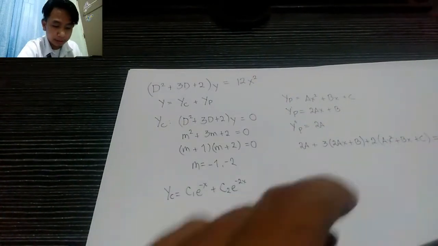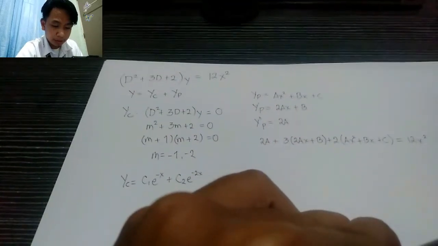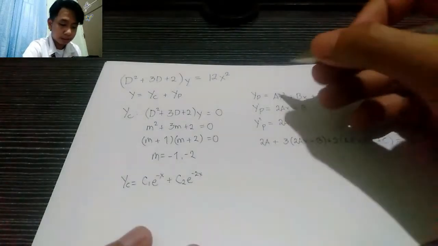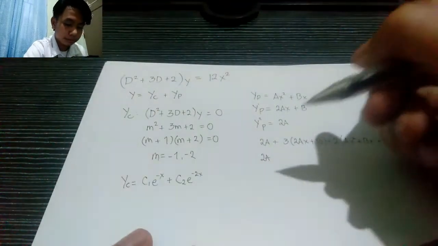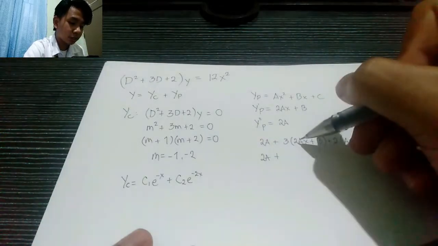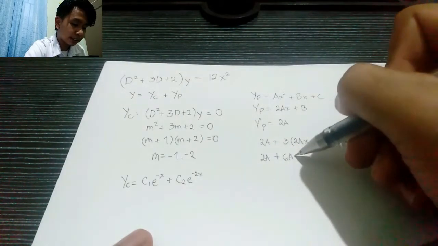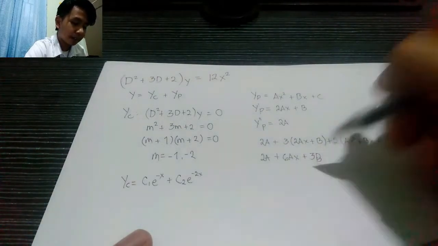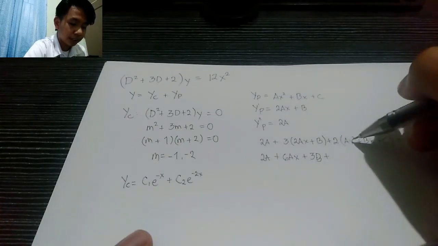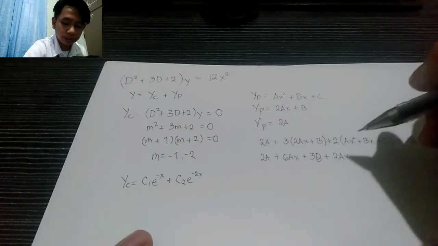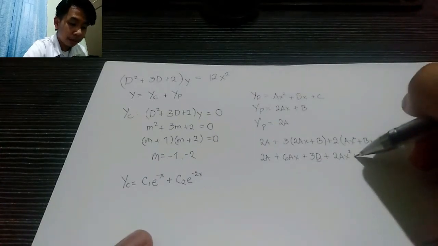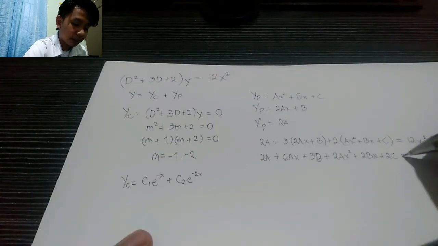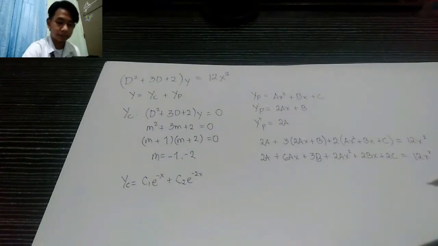Then, i-distribute natin yung mga pwedeng distribute. So, 2a pa rin plus 3 times 2, 6ax plus 3b, plus 2 times ax squared, 2ax squared, plus 2bx plus 2c equal sa 12x squared.